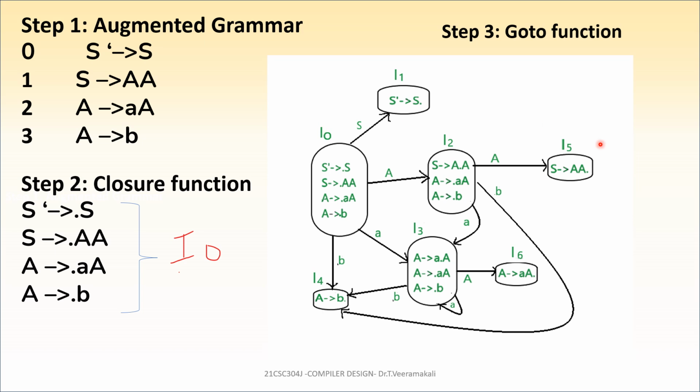If you look at this I5, I6, which are created as new states, after the dot symbol you don't have any non-terminal or terminal in I5 as well as I6. So we have to stop the goto functions at this stage.